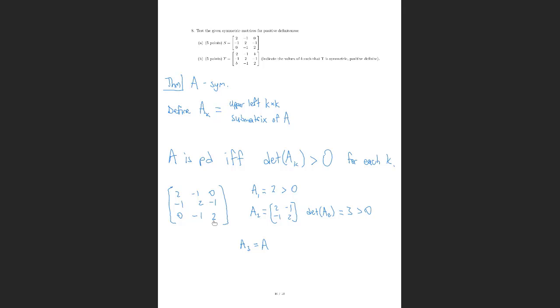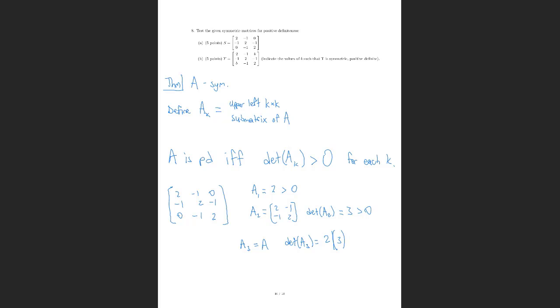Okay. So now we need the determinant of A to check if this will be positive or not. So let's just do the cofactor expansion along the first row. That'd be 2 times 4 minus 1, so 2 times 3.